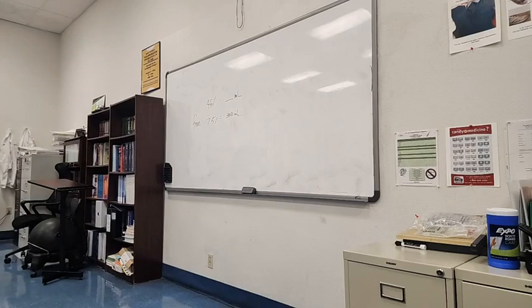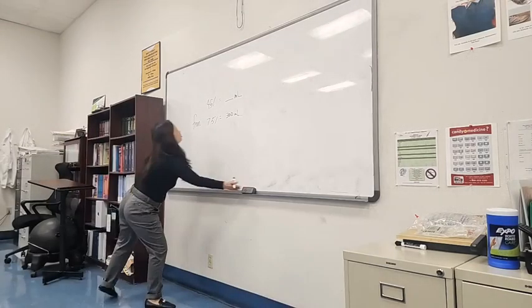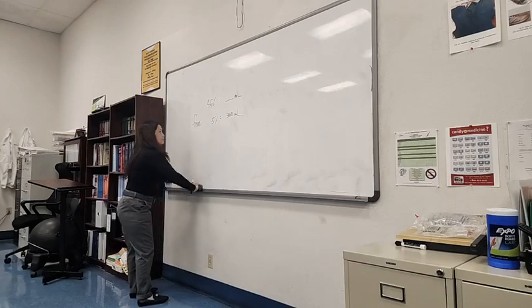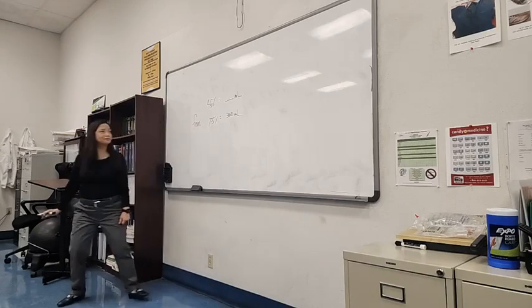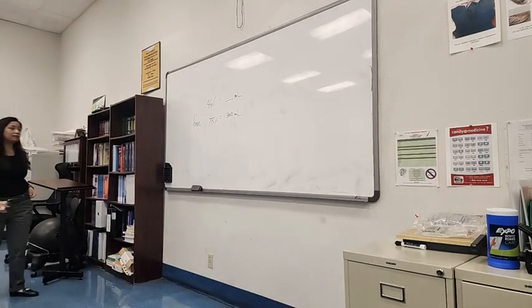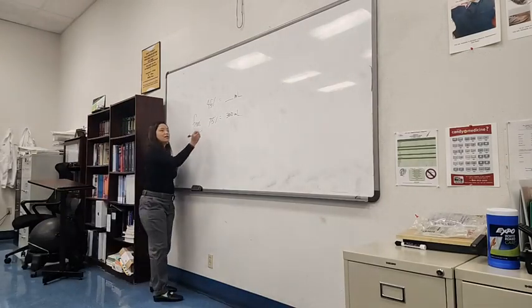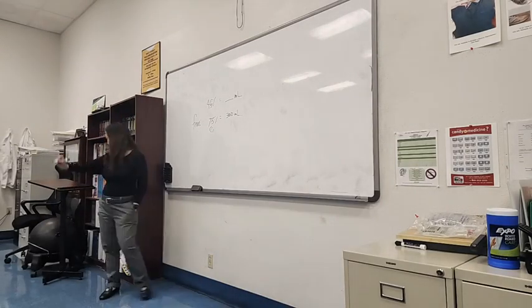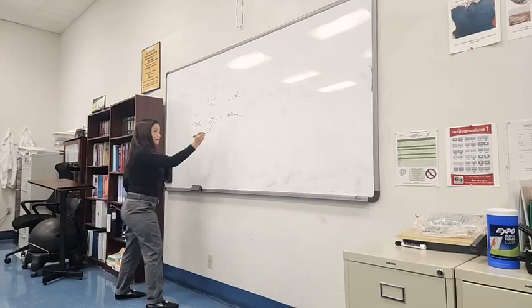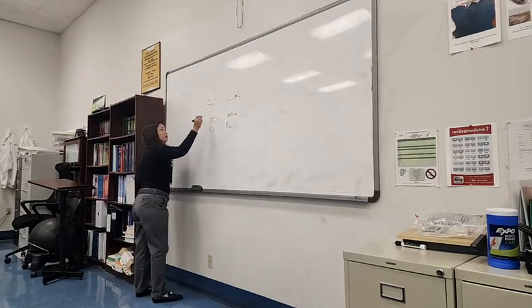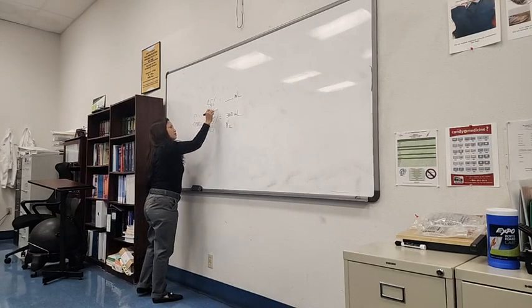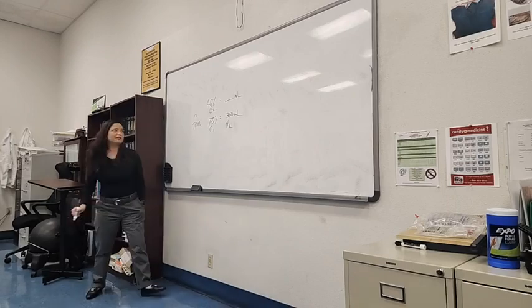Now I can use my C1, B1 equals C2, B2. This is ugly. I'm going to put it closer. What's my C1? What's my B1? 800 milliliters. What's my C2? My V2? Very good.